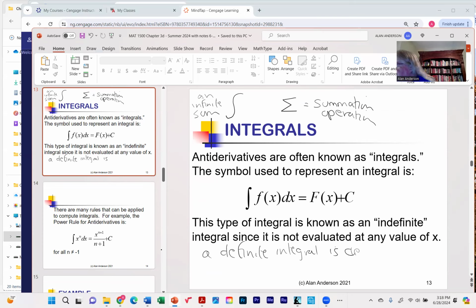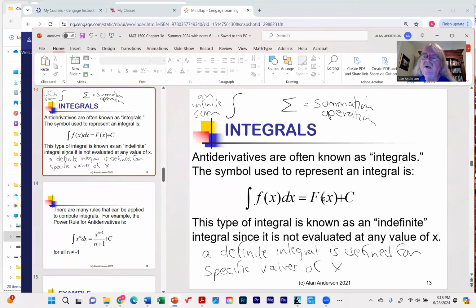It is defined for specific values of x, and therefore, the result is a constant. Okay, not a function like this one, but a constant like 3 or 10 or something like that.